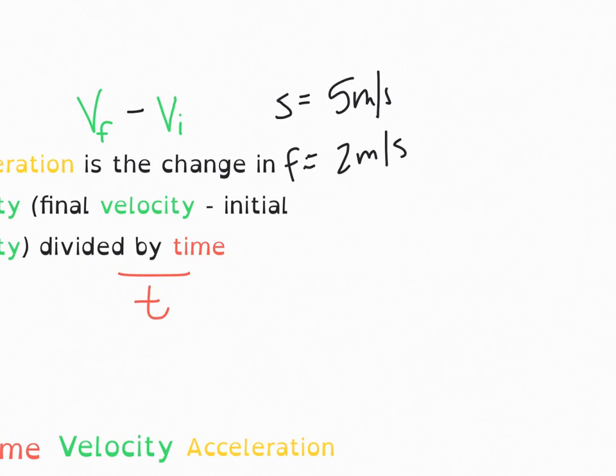If we start with 5, technically that should be our second number. So we would do 2 minus 5, and that would give us -3, giving us a negative acceleration.